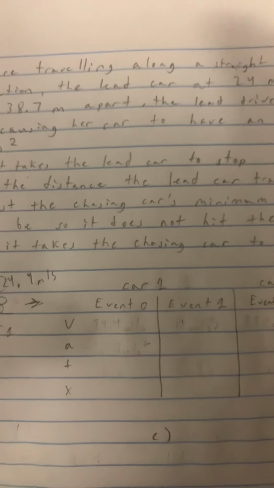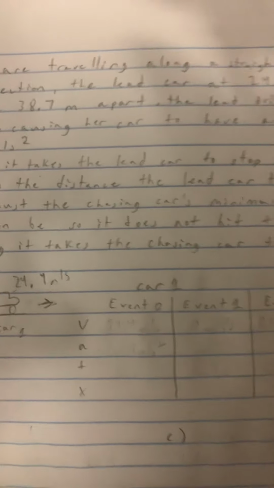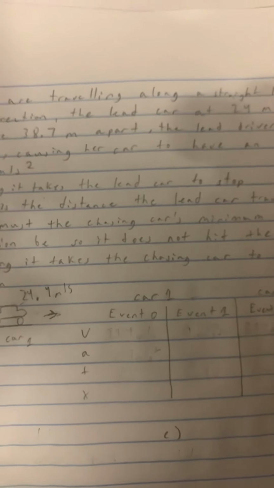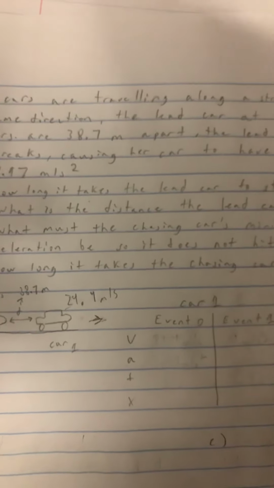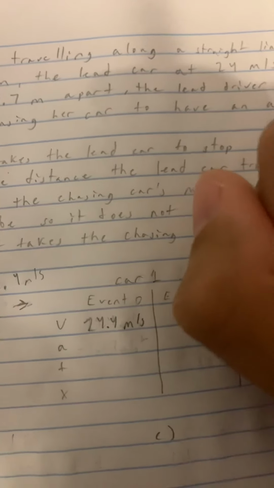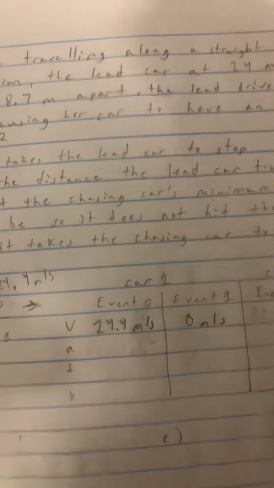Okay, now let's go to a table. For this table, we're just going to give our given information. For car 1, the initial velocity was 24.4 meters per second, and its final velocity was 0 meters per second.